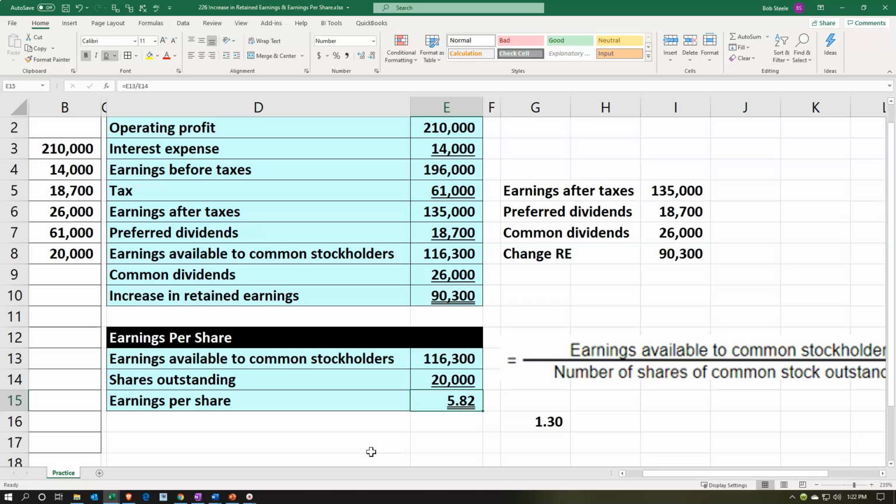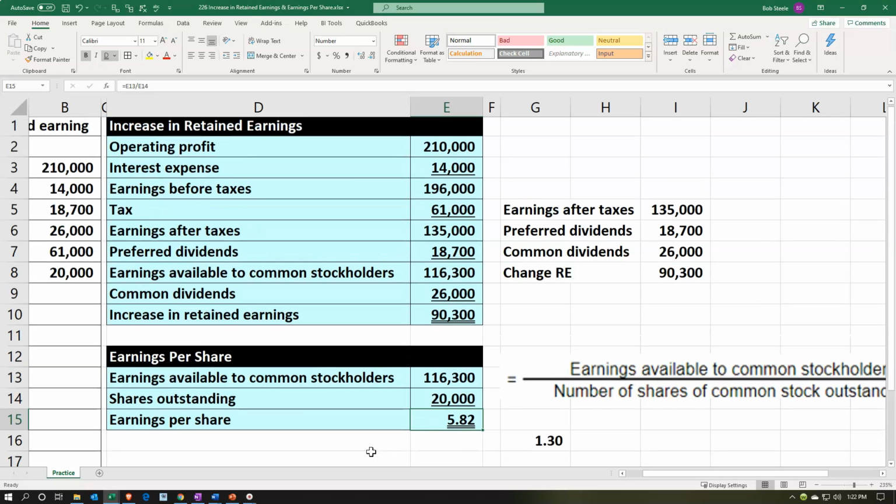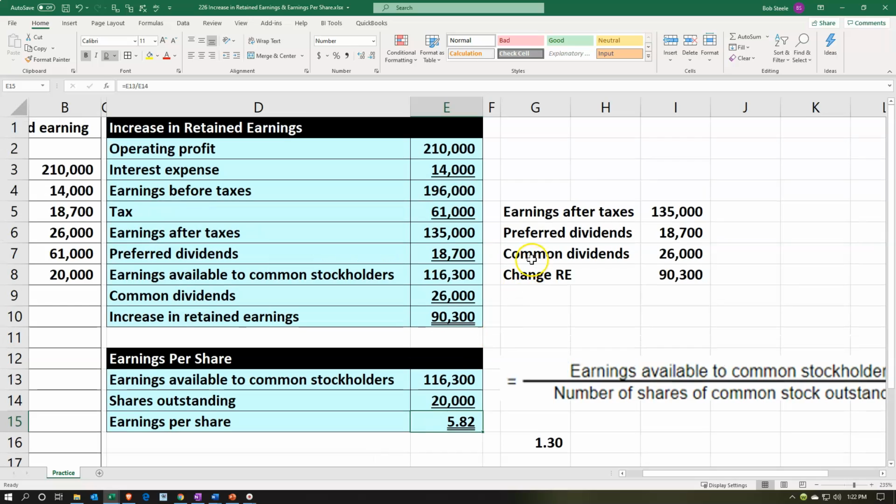And you might think, well, then the owners got ripped off. That's not necessarily the case. Why? Because some companies are going to take that money and put it back into the business, which will hopefully increase the value of the business. If the value of the business goes up, then the value of the shares goes up, and you can sell the shares at a higher price. So there are two ways the company can provide the owners with a return.